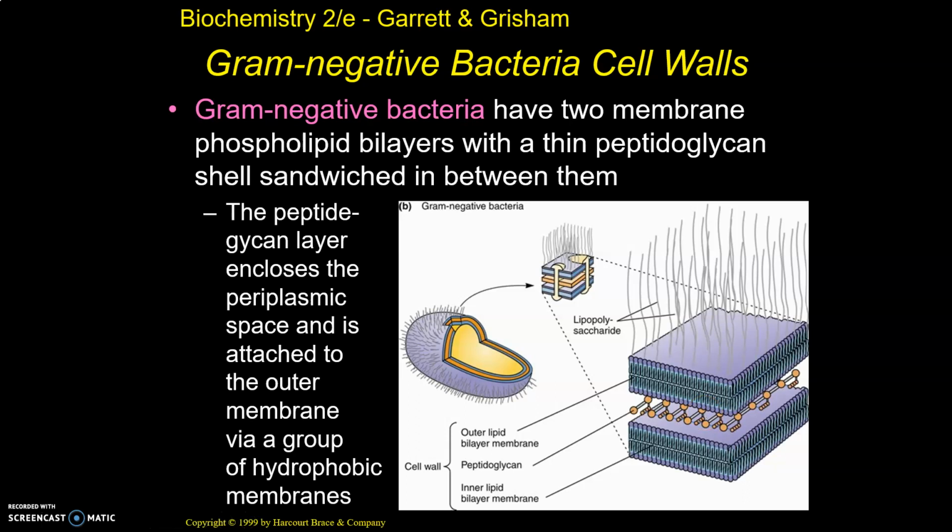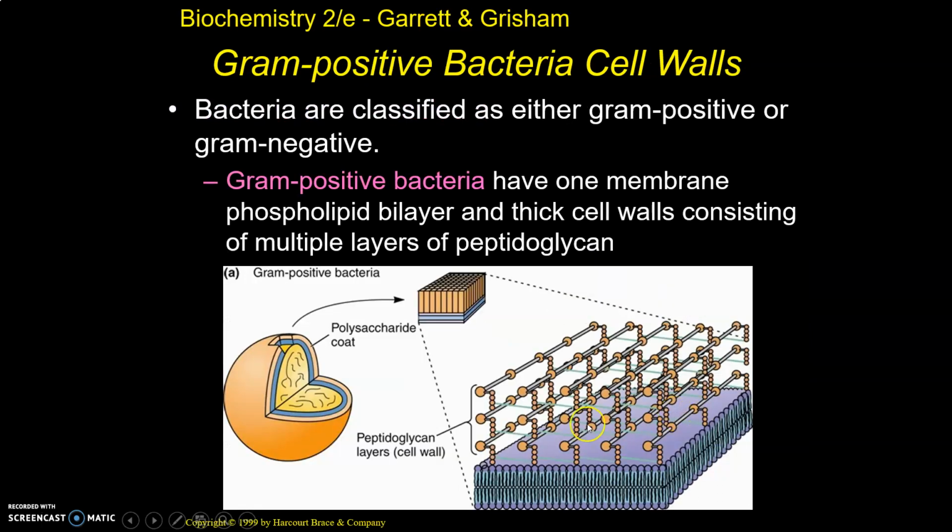The space that the peptidoglycan is in is the periplasmic space, and it's attached to the outer membranes through hydrophobic interactions. But notice the interactions are a lot closer. Since the other one had larger interactions, there need to be more ways that it can be attached together.